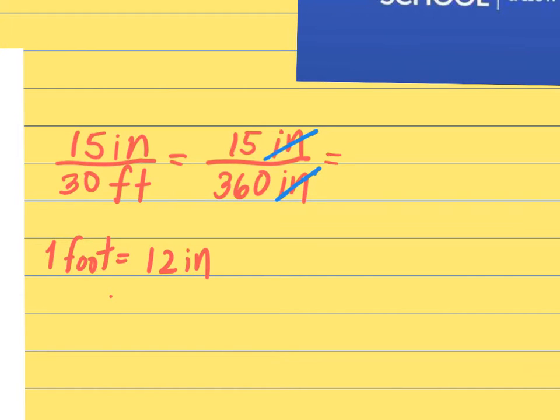Here we need to find the greatest common factor to reduce 15 and 360, and that is obviously 15. Reducing 15 with 15 gives you 1, and reducing 360 with 15 gives you 24. So this was the scale factor. There you go. This is exercise number 7.